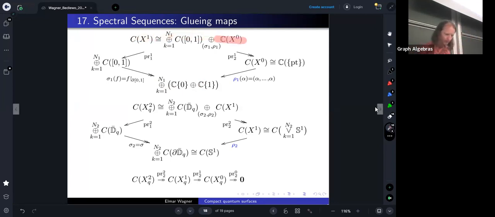We have the one skeleton, which is classical, and from this one skeleton we get to the two skeleton, and then we would like to get higher and higher. So the question is, where is the information that guarantees that we remain with the classical K-theory? Now here, these are spheres.